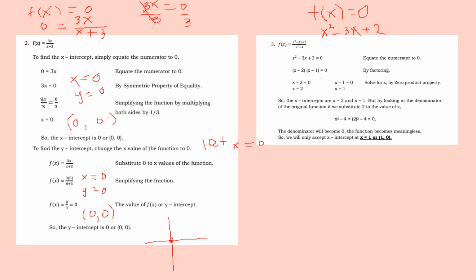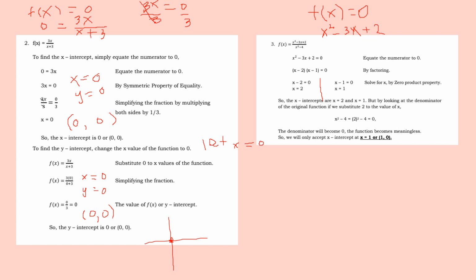Kuhanin natin yung dalawang value ni x. So, ito yung una, x minus 2 is equal to 0, and then by zero product property, no? So, by additive inverse, we have x is equal to positive 2. And the other one is x minus 1 is equal to 0. And then, okay, so by additive inverse again, that is equal to x is equal to 1.